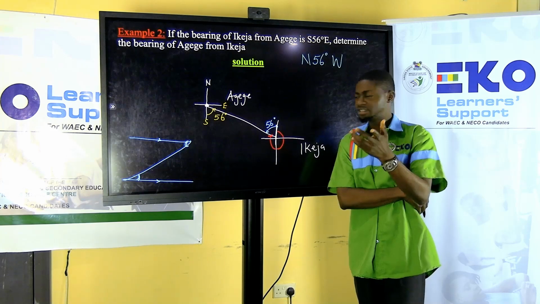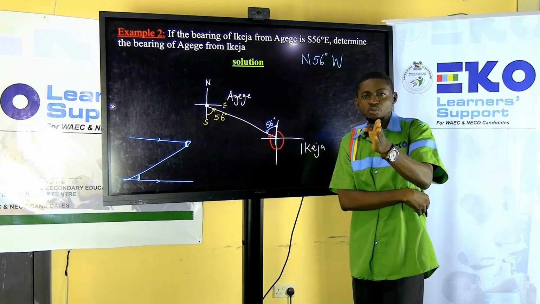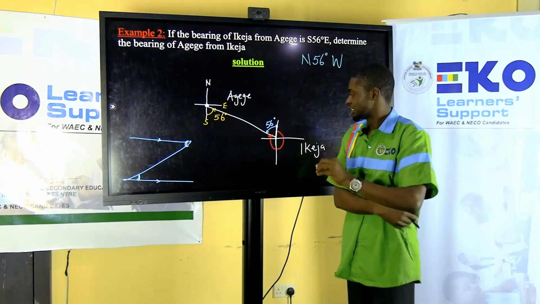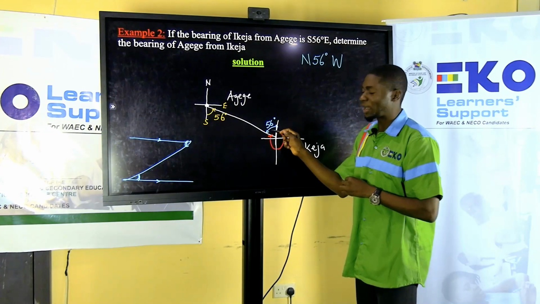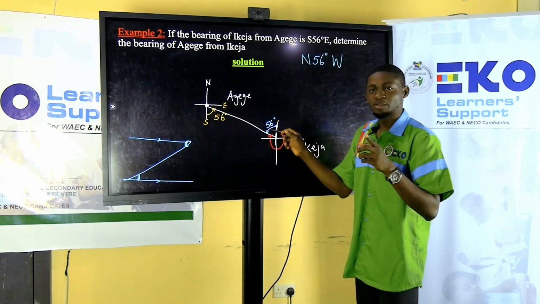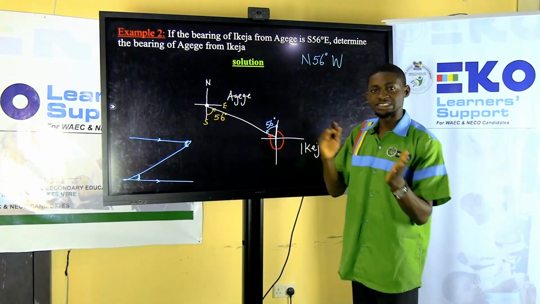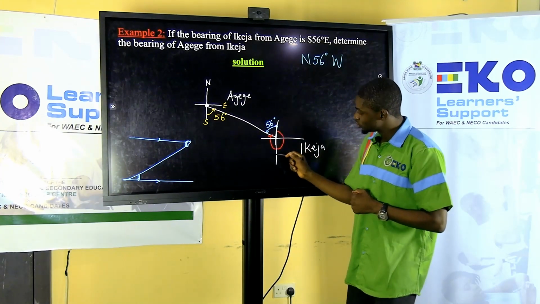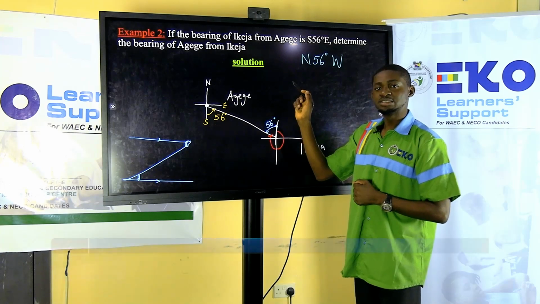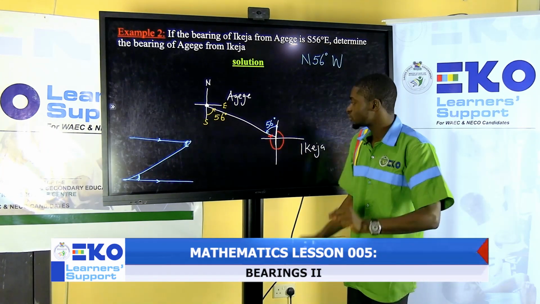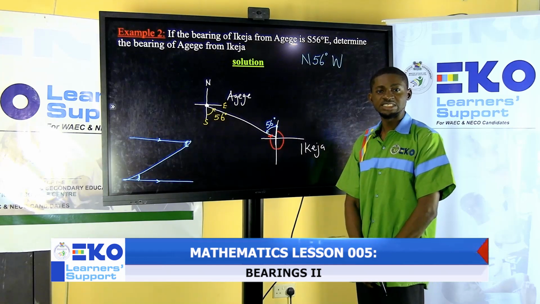You said? Great. The value will be greater than 270 and less than 360 because it falls on this part, northwest, where the northwest is between 270 and 360. So the value is going to be greater than 270 but less than 360. It will be less than 360 with the angle of 56 degrees.